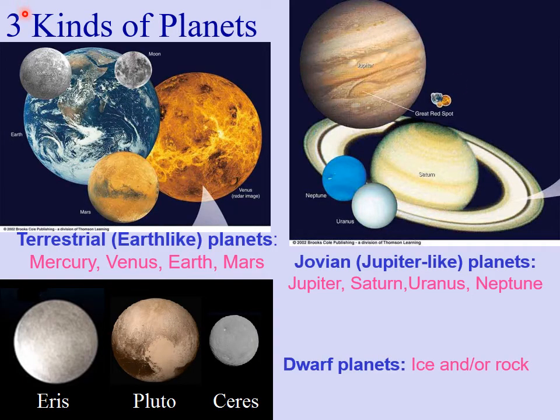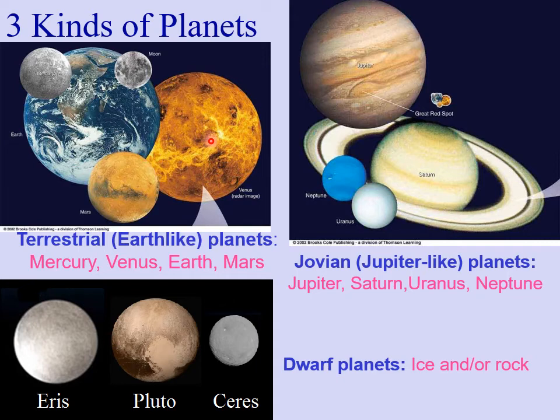Our solar system, of course, is filled with planets, and we can basically classify the planets into 3 types. There are the inner planets, which are the so-called terrestrial or Earth-like planets. And we have to be careful how we use that word terrestrial or Earth-like. The planets Mercury and Venus are very different from the Earth in a lot of ways.